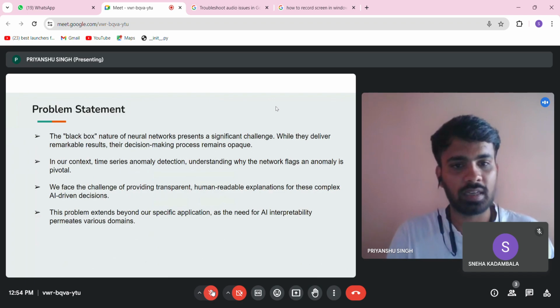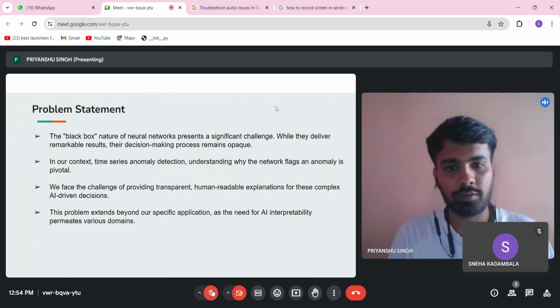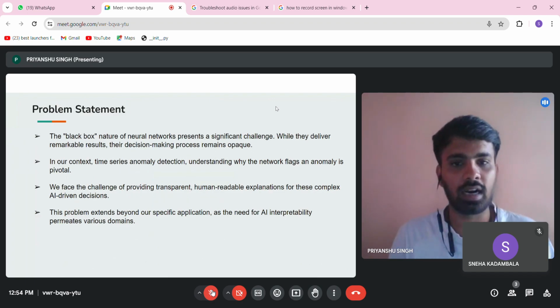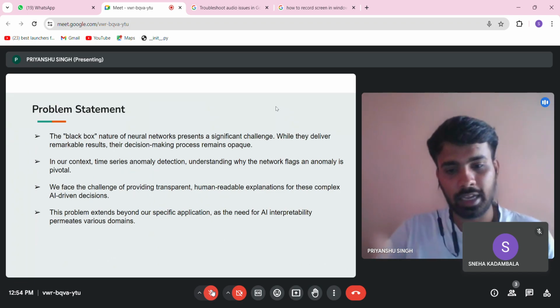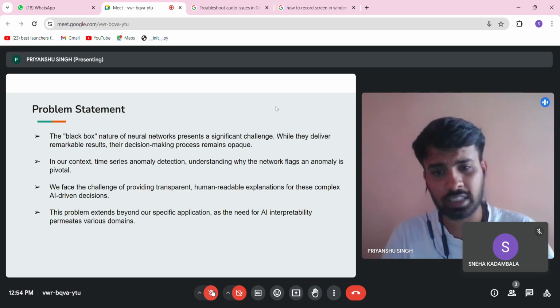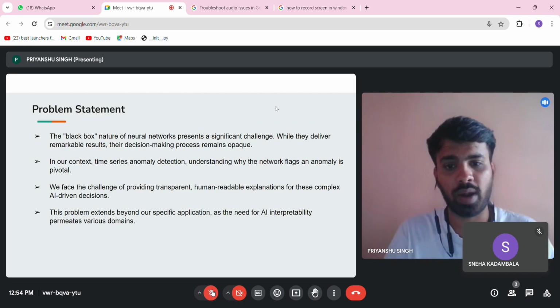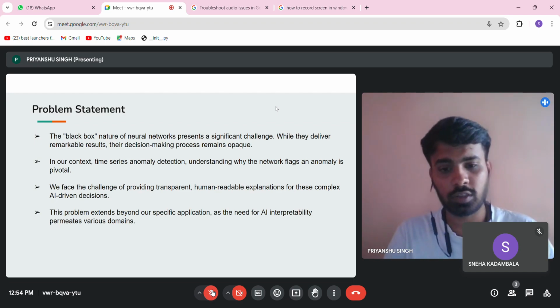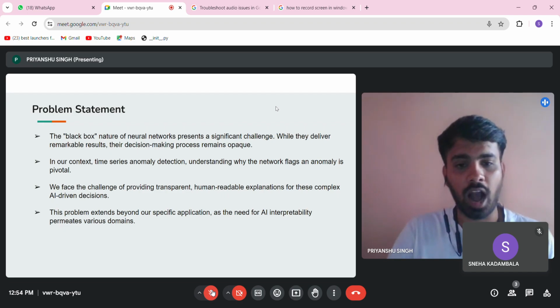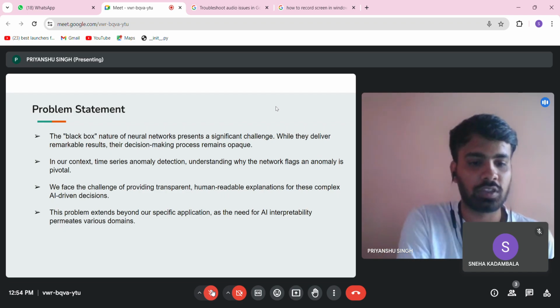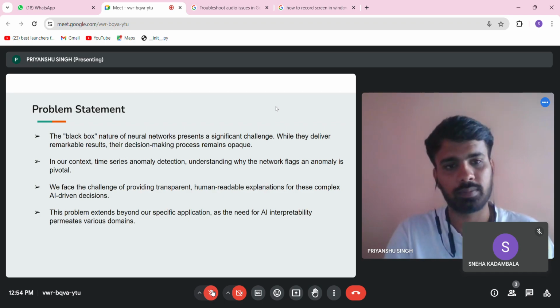So our problem statement is basically, with the help of explainable AI techniques, we are providing the visualization, as well as through NLP, we are providing them the solutions, like what the parameters are and how they should trust our ML model.